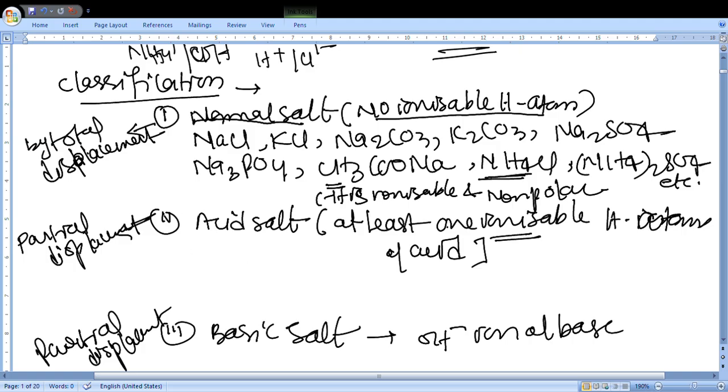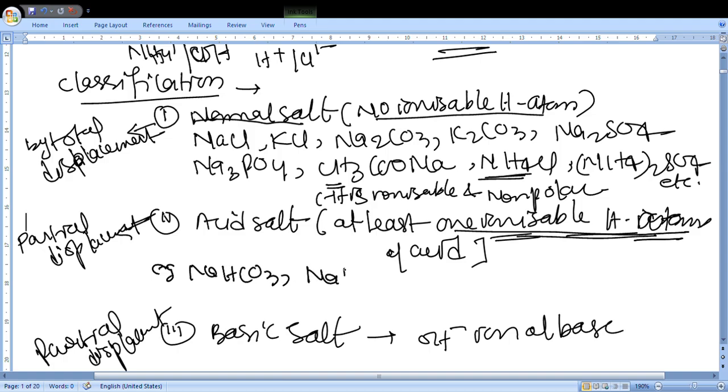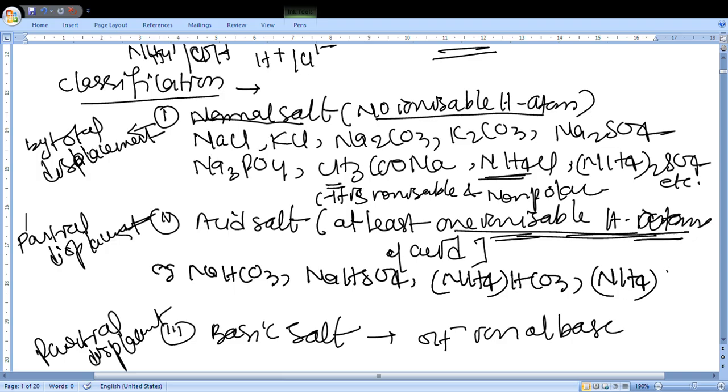When we come to acid salt, they are formed by partial displacement, and they have at least one ionizable hydrogen atom of an acid. So we have some examples: NaHCO3, NaHSO4, NH4HCO3, NH4HSO4.